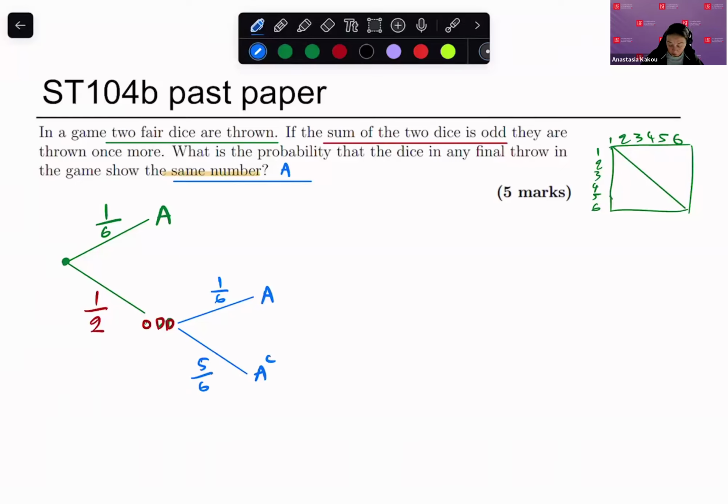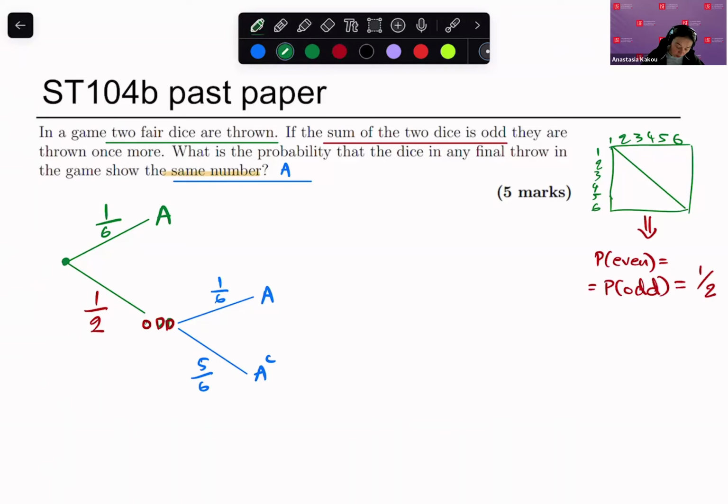Okay, so if you just look at this graph, the probability of even sum is the same as the probability of odd sum, and this is a half. You can verify it by just checking that grid.